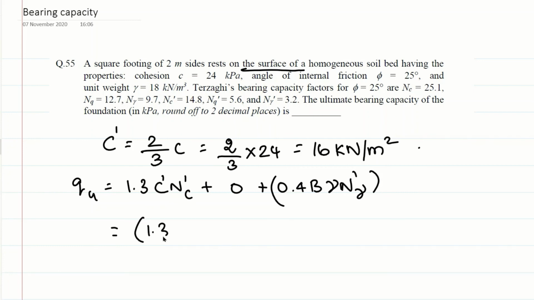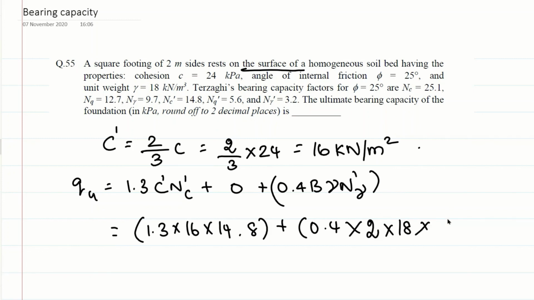So 1.3 into 16 into 14.8, which is Nc dash, plus 0.4, your B value is 2 meter, the width of the sides of your footing is 2, and gamma is again 18, and N gamma dash is 3.2.